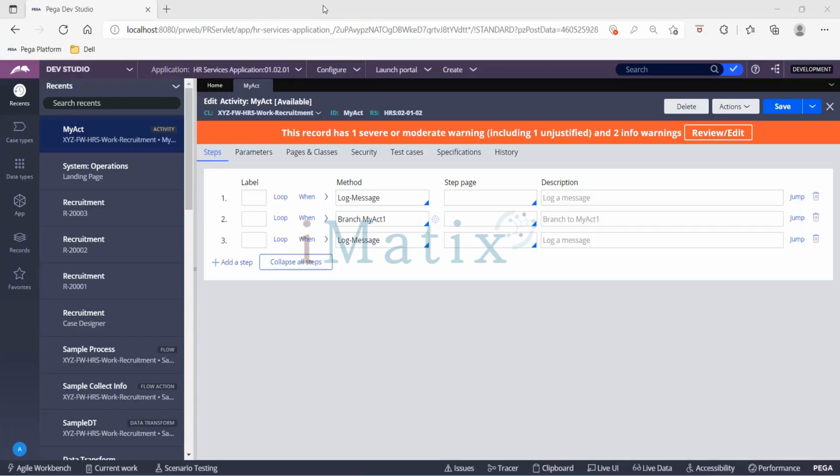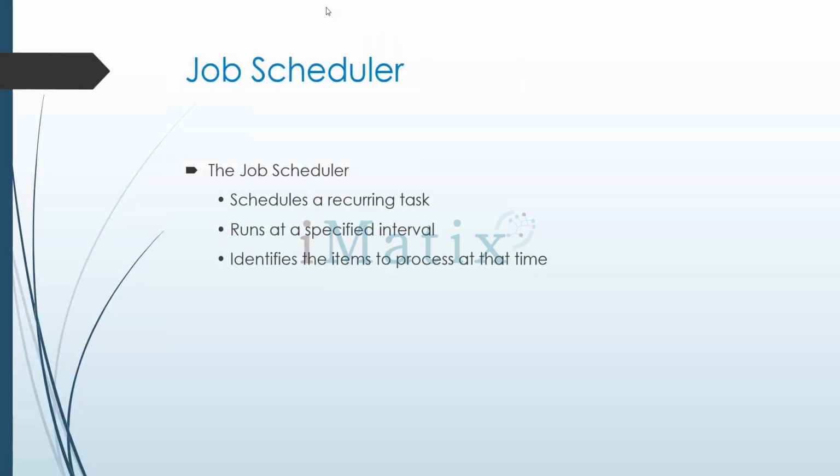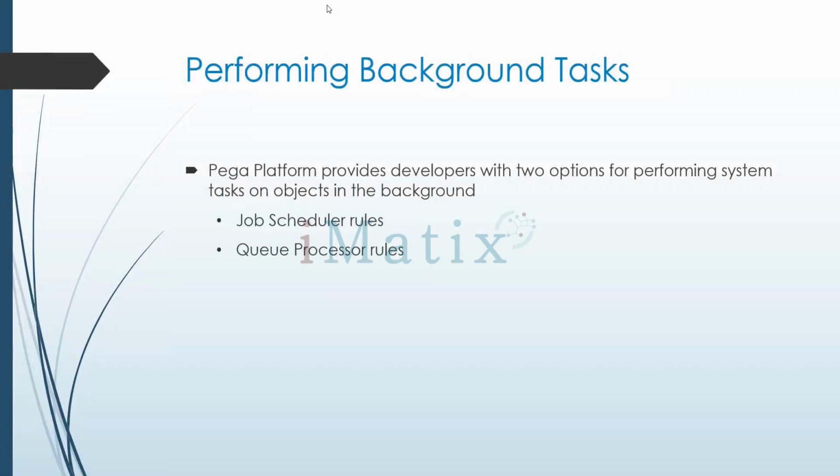The logic, the batch processing, your email notification or renewal or creation of documents, everything goes and sits inside the activity. Now who drives this activity? We have two new options for dealing with background tasks, two new rule forms starting from version 8. We have job schedulers and queue processors.